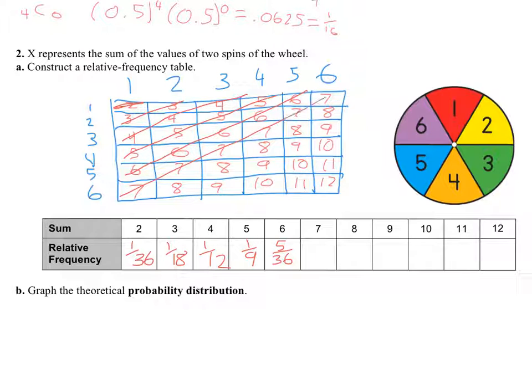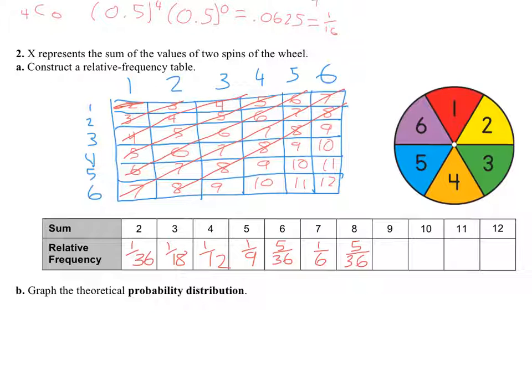There are 6 ways to get a 7. 6 over 36 equals 1 over 6. There are 5 ways to get an 8. 5 over 36 is the probability of getting a total of 8 for 2 spins.